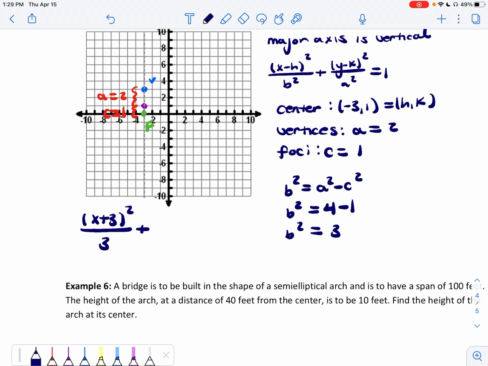And then plus our y coordinate of the center is 1, so it'll be a y minus 1 quantity squared over our a value is 2, so it's going to be over 4. And that is equal to 1. So that is going to be our final answer.